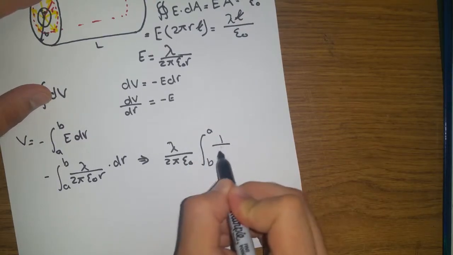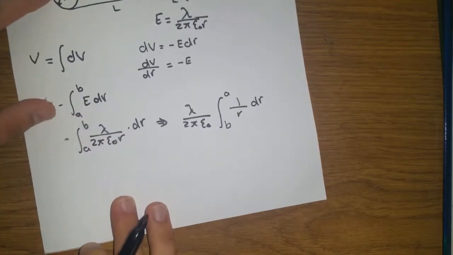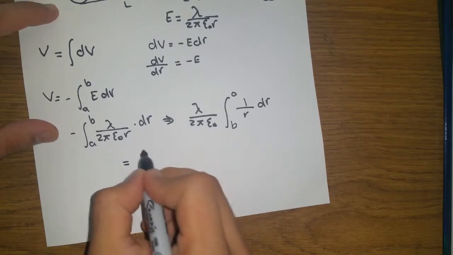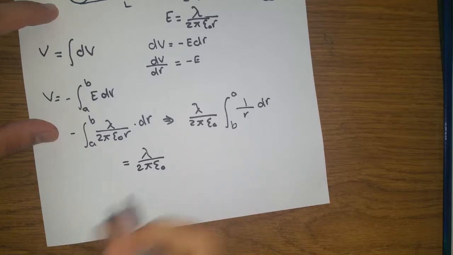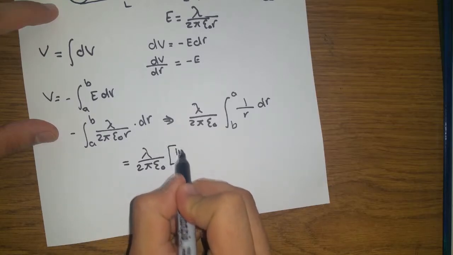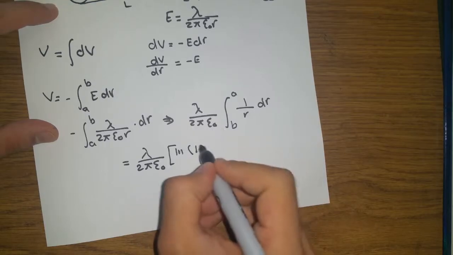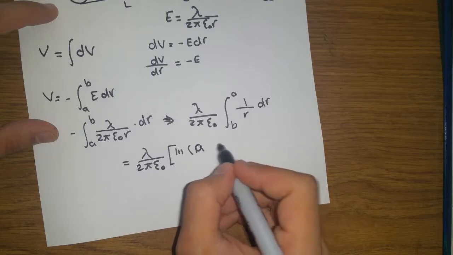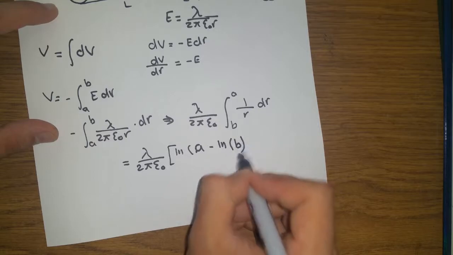And then we have 1 over r dr. Now, this is going to equal lambda over 2 pi epsilon naught times the natural log of a minus the natural log of b.